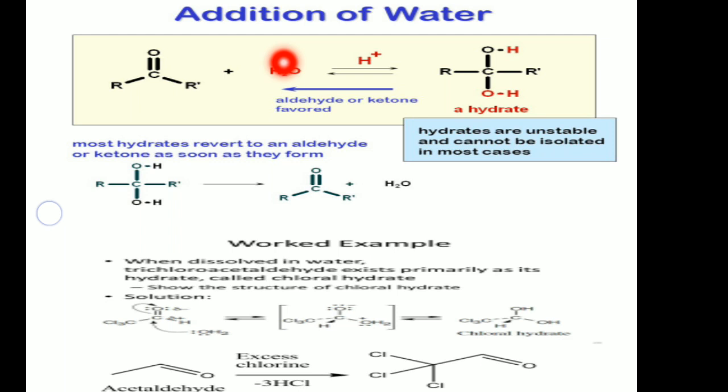So these formed unstable hydrates undergo removal of a water molecule as one OH from the carbon and hydrogen from another OH group, as we can see in the slide.